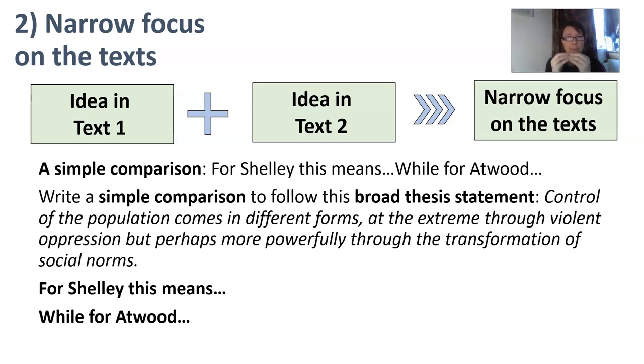So this then is our broad thesis statement about controlling the population. What does that mean for Mary Shelley and Frankenstein? Okay, write that sentence. And then what does that mean for Margaret Atwood in The Handmaid's Tale? So you can say, for Shelley, this means, okay, the control of the population. For Atwood, this means, or this is shown, okay, and you get into something specific in the text.